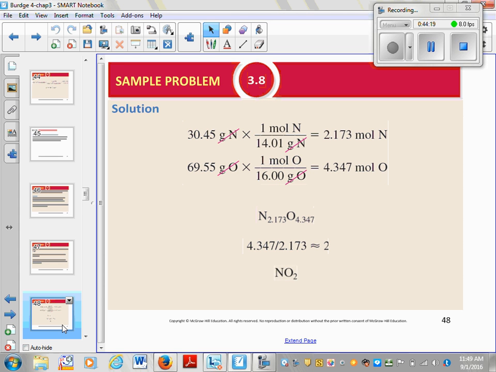So 2.173 divided by 2.173 is, we divide this by 2.173, that's 1. 4.347 divided by 2.173 is approximately 2. So now I know how it goes together. 1 nitrogen, 2 oxygens, NO2. So that's the empirical formula.